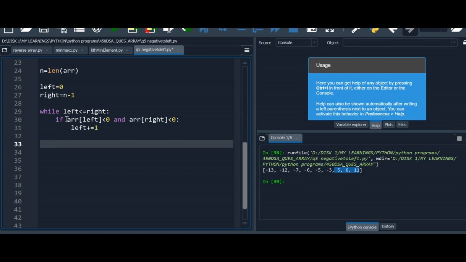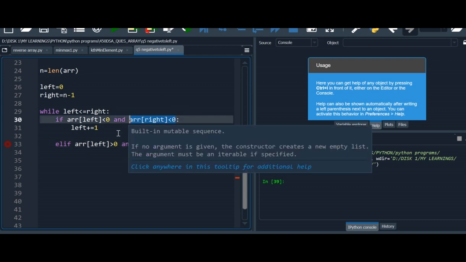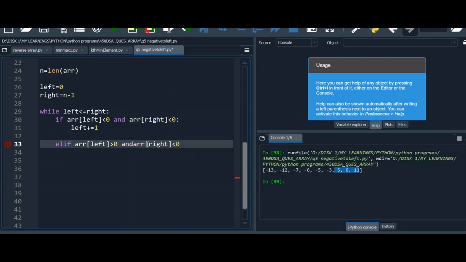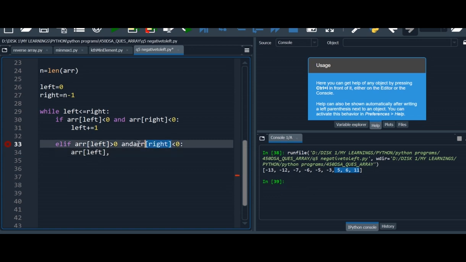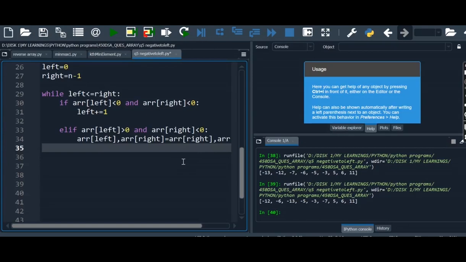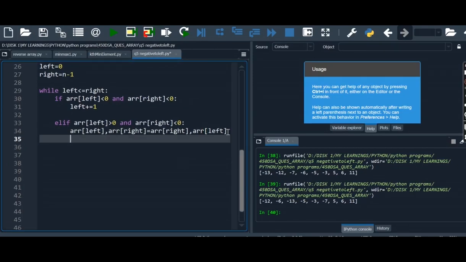After this, what we will be checking is if the value at left index is positive and the value at right index is negative, then we will be swapping both the elements, array of left and array of right.